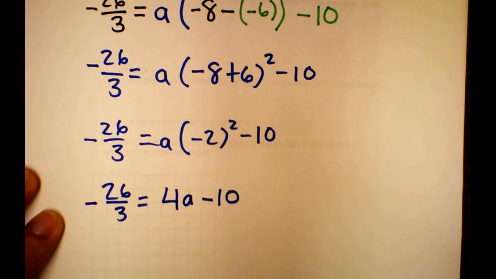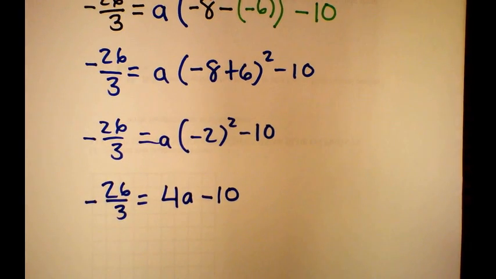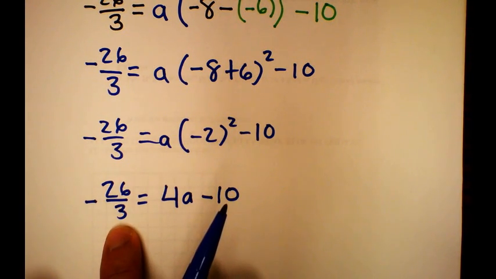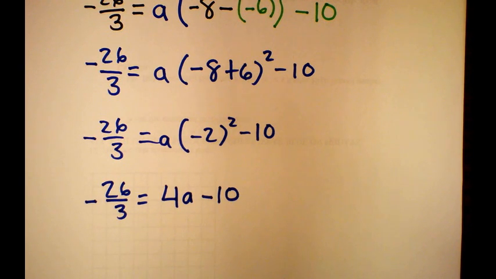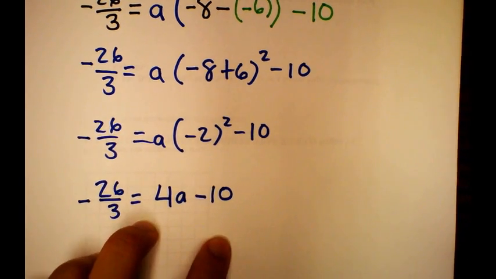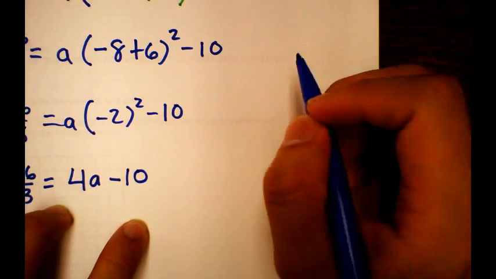Alright, I'm going to write some additional steps. There are two ways to do this. We can deal with fractions or we can deal without them. And so I rather prefer that we deal without them. To get rid of this 3, what we're going to do is multiply both sides by the denominator. So let's put that over here. Okay, so additional steps.